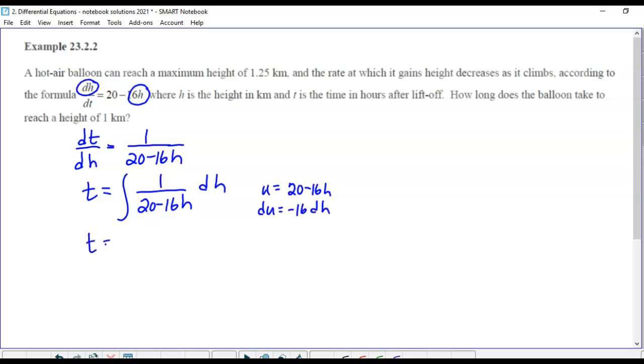Okay, so t will equal, so dh is negative 1 over 16, so you can show that out front. And this is over 1 over 16 du. So that's going to be 1 over u du.